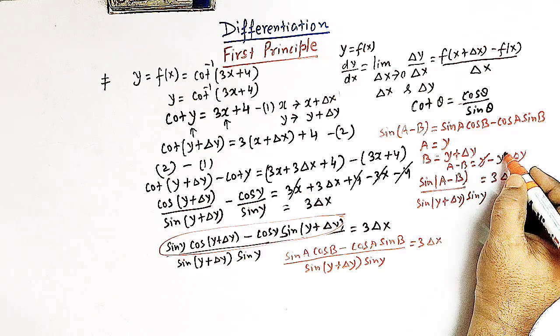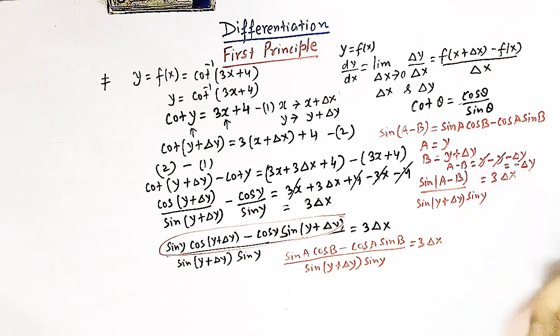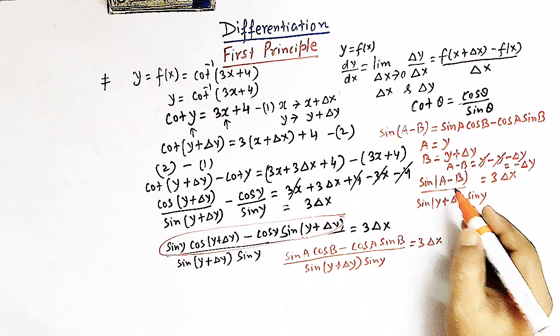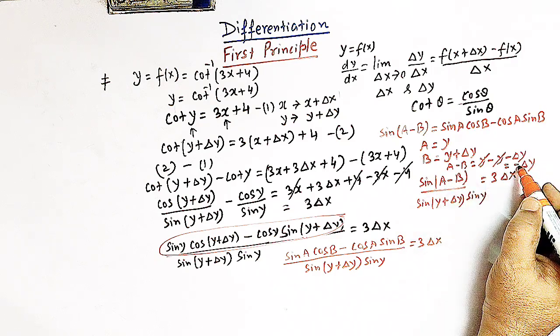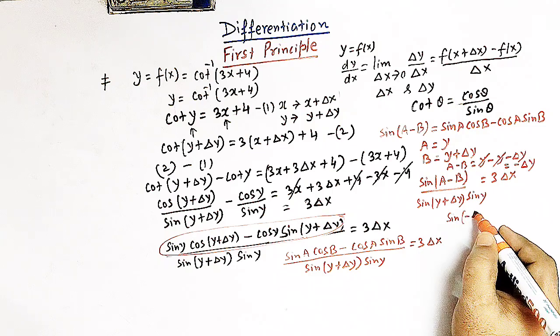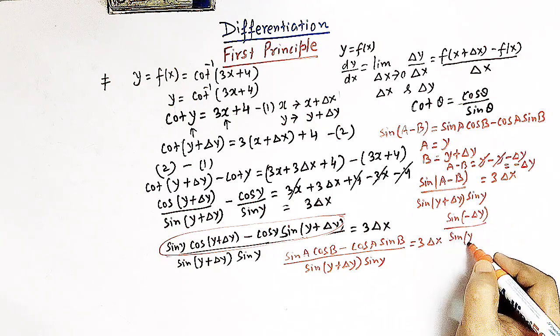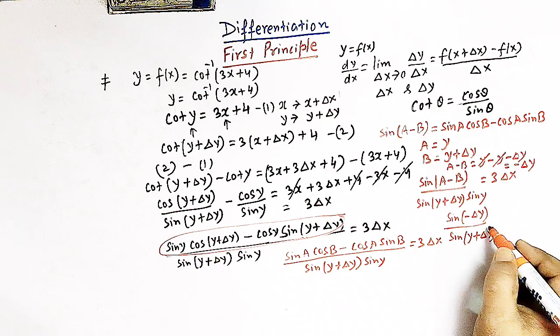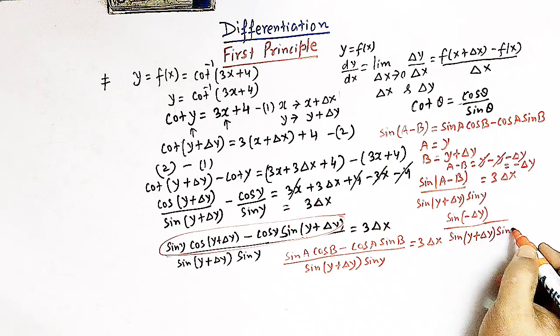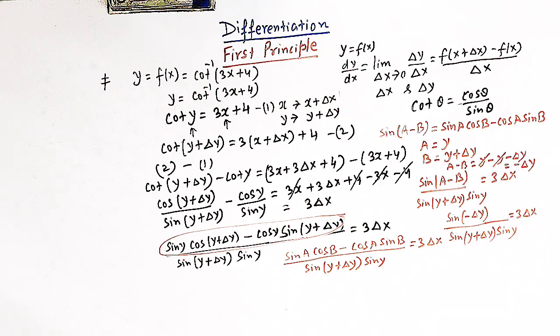So y and y get cancelled. So we have simply minus delta y. So here we have a minus b is equal to minus delta y. So this is sine of (minus delta y) over sine of (y plus delta y) times sine of y, and this is 3 delta x.